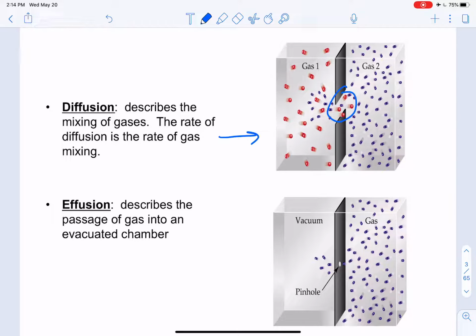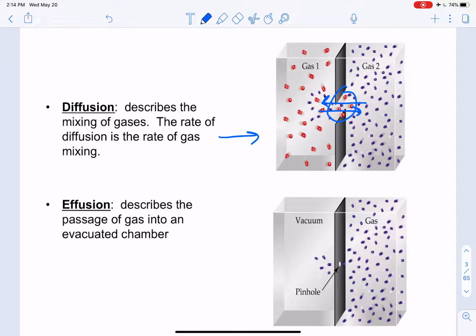And we have reached a point that we call equilibrium. So the rate of gas movement going into chamber 2 is the same as the rate of the gases going into chamber 1.